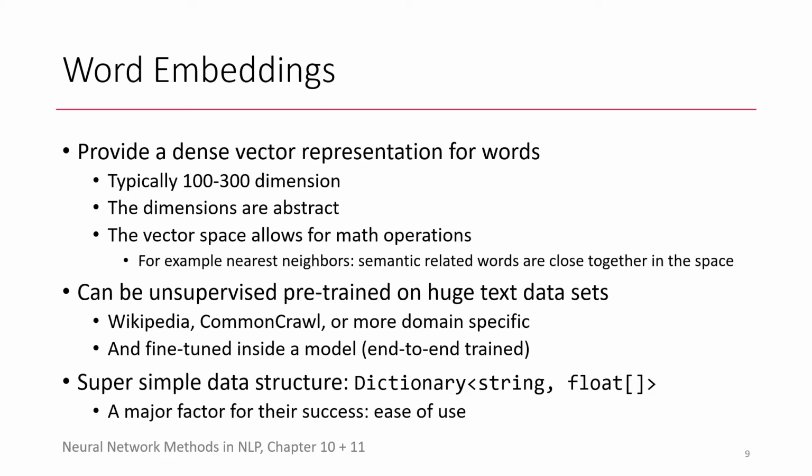Then we can take this unsupervised pre-trained model and fine-tune it inside another model. What makes word embeddings also super nice to use is that they have a very simple data structure. They basically are a dictionary or hash map between a string, meaning a word, and a floating point array.